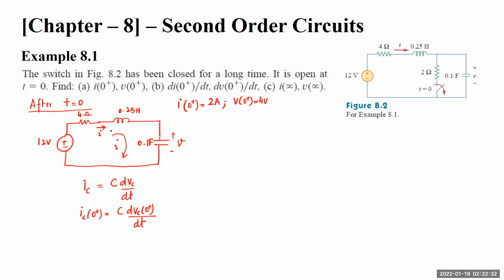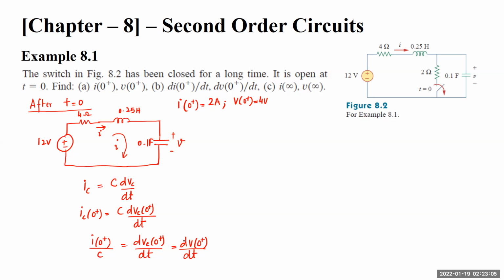So the current flowing in the capacitor will be determined by the current across this inductor. So IC(0+), which is 2 amperes, is equal to I(0+), which is C times dV(0+)/dt.